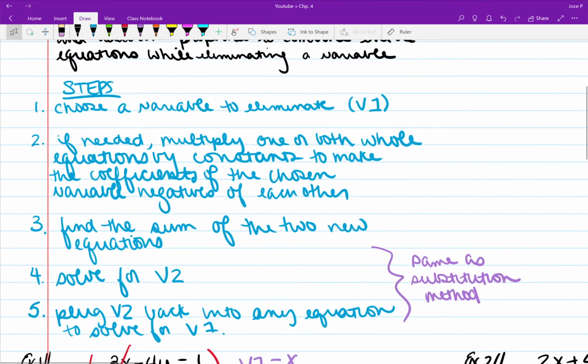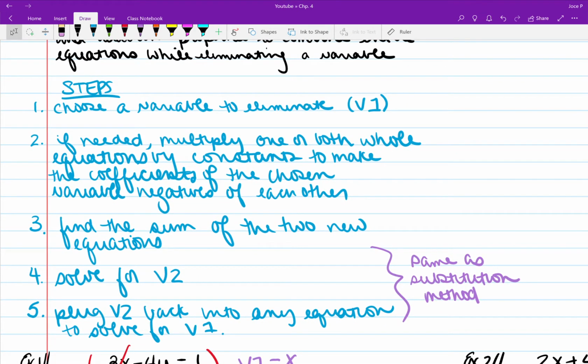Steps. Number 1, choose a variable to eliminate. V1 again, just like last time with substitution. Step 2, if needed, multiply one or both whole equations by constants to make the coefficients of the chosen variable negatives of each other. That seems pretty complicated. You're not going to need to do it each time, but it's actually a lot simpler than you think.